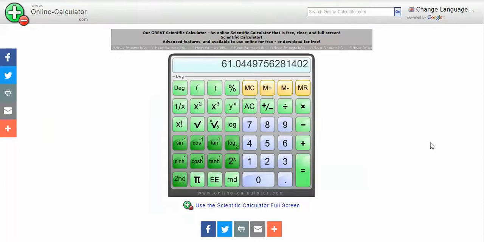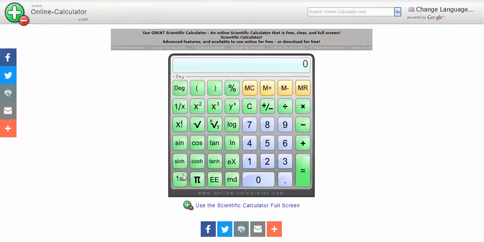Okay, let me show you how it is on a couple of other calculators that you might find online. So once again, this is just on onlinecalculator.com, and I click the scientific calculator. I'm just going to clear this out here. In order to toggle between regular sine, cosine, and tangent, and the sine inverse, cosine inverse, and tangent inverse, I'm hitting that first or second button down here. On this calculator, we had to put the number in first.